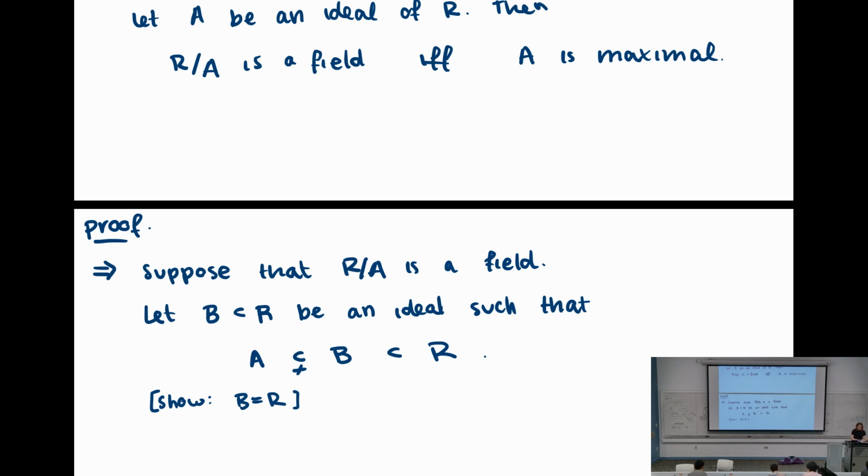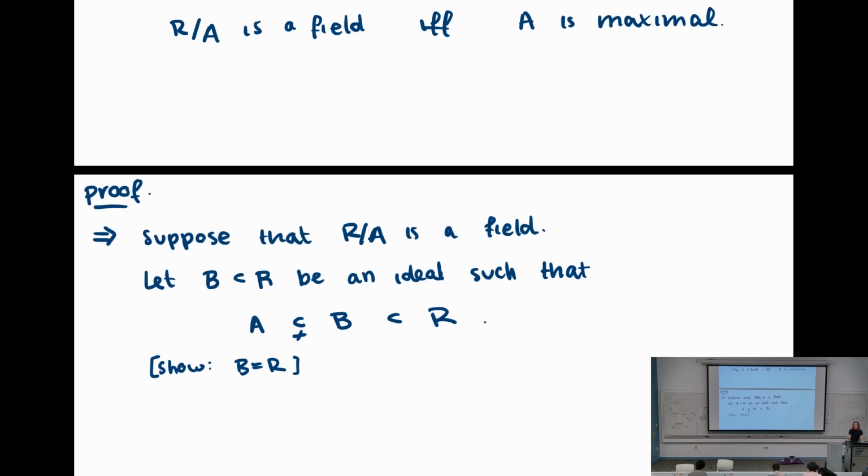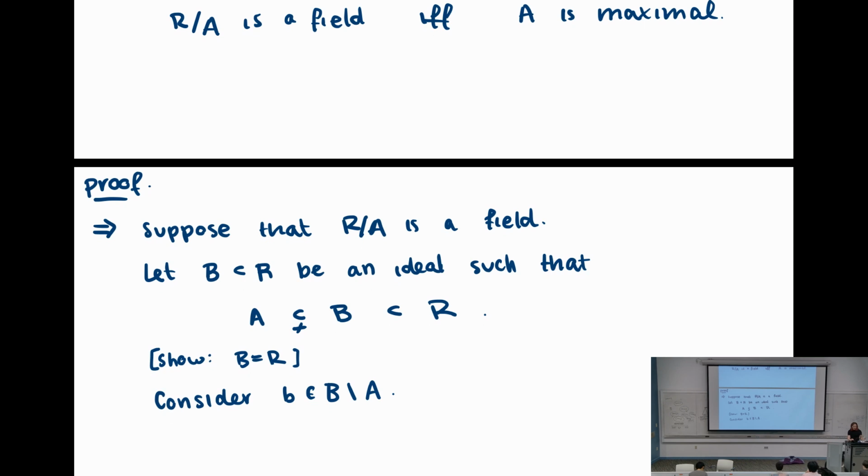Okay, so let's consider some element that's in B but not in A. So we'll call this thing little b, and it comes from B backslash A. Okay, so then now we're going to look inside of this quotient ring, which we've assumed is a field.